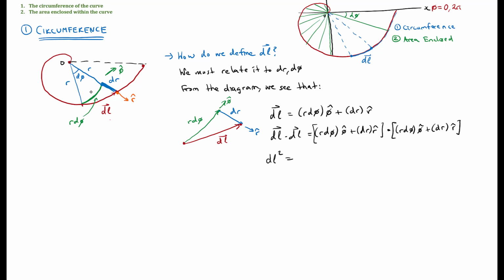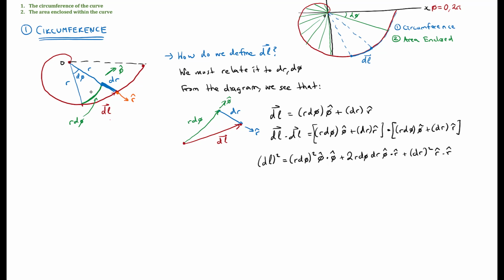So then, let's just make this a little bit clearer so we don't get confused. This is dl squared. This will be r d phi squared, phi hat dotted with phi hat, plus 2 r d phi dr, phi hat dotted with r hat, plus dr squared, r hat dotted with r hat.